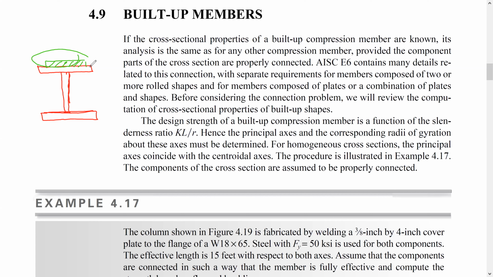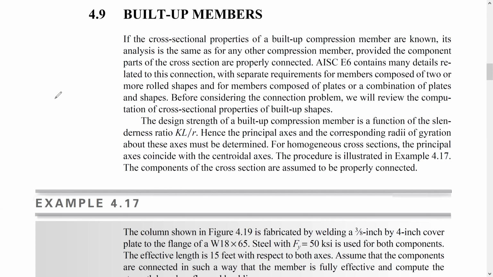So this is a cover plate welded or bolted to the flange, and mainly is welded to the upper flange, and we might have it on the lower flange, and same here for the web. Okay, so these are the three ways how to build up members. Okay, let's take an example and see how we can calculate the compressive strength for a built-up compression member.